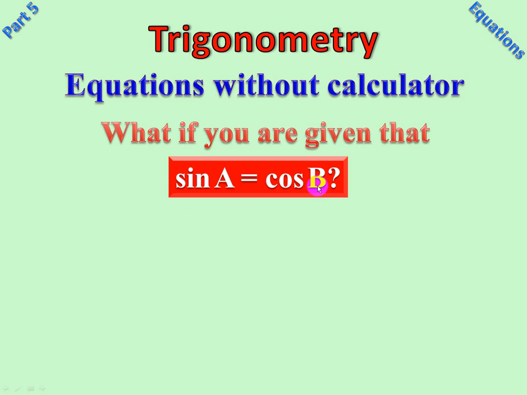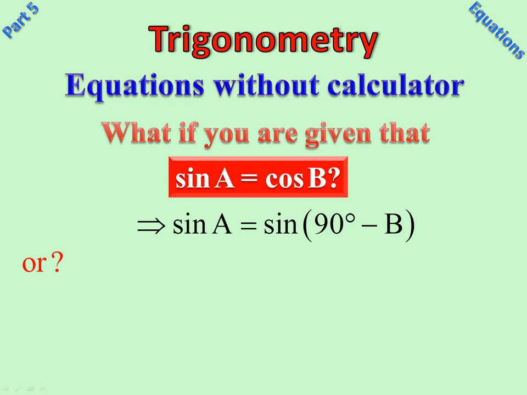Cos of b is the same as sine of 90 minus b. So therefore, instead of cos b, I can write sine of 90 degrees minus b. Or I can do it the other way, leave that as cos and change that to the cos of 90 minus a. Either way will give you the same answers.